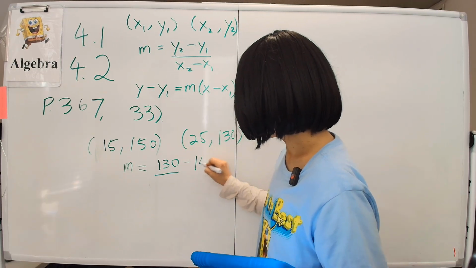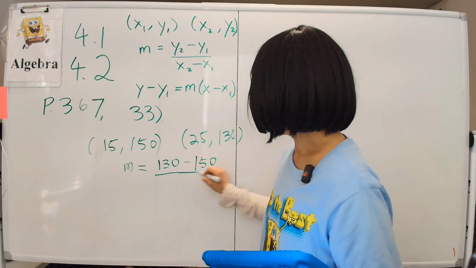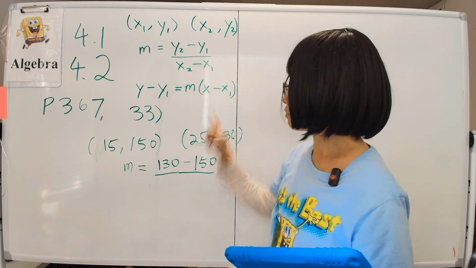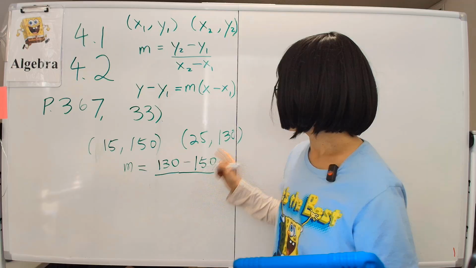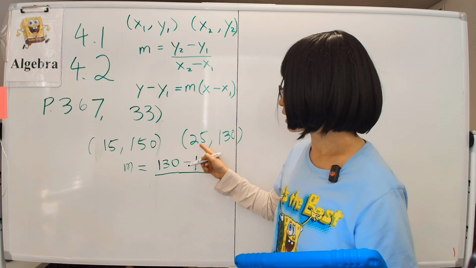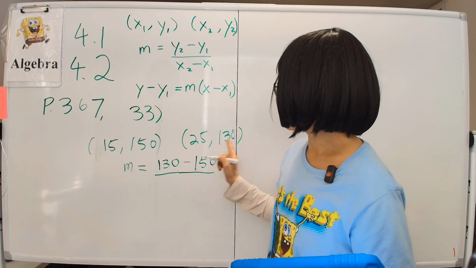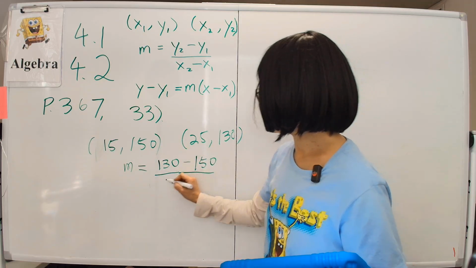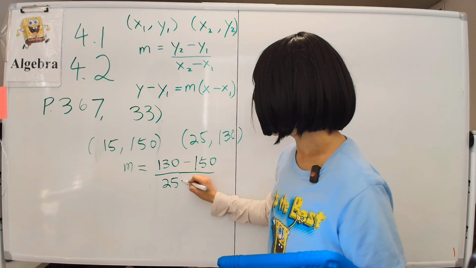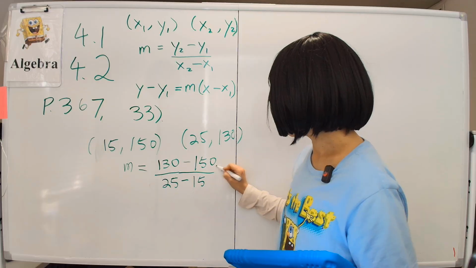Because m is given by y2 minus y1, and it doesn't matter which one you pick as y2 as long as you're consistent. If this guy is y2, then this guy is x2. So we have picked this guy as y2, so y2 minus y1 over x2 minus x1 would be equal to m.